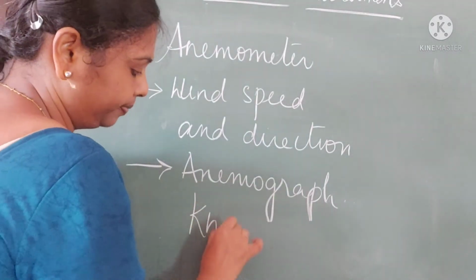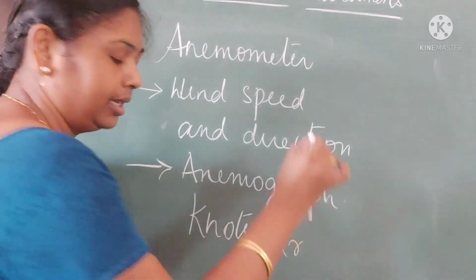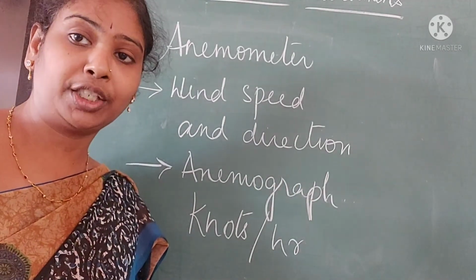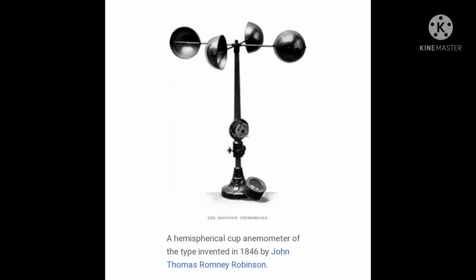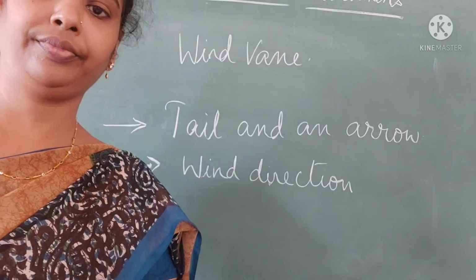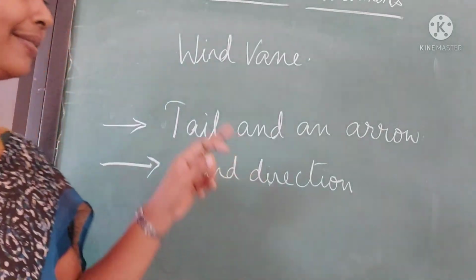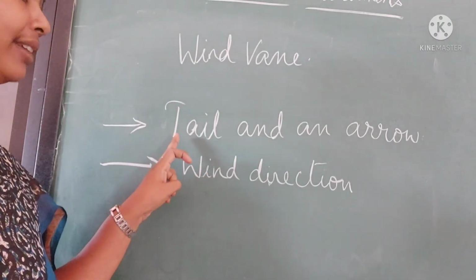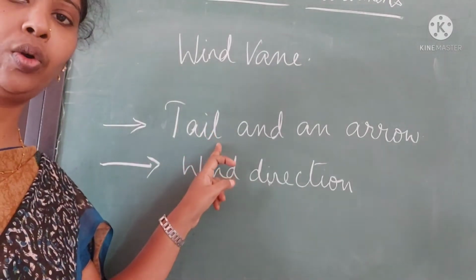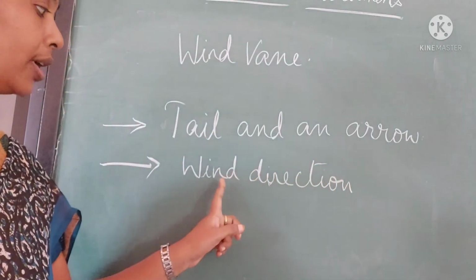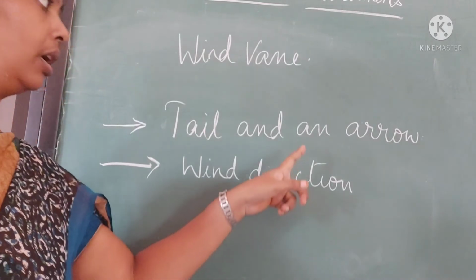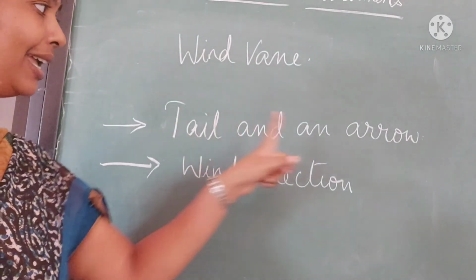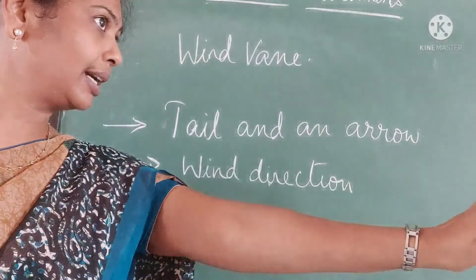Next is the wind vane, which shows only the wind direction. Here in the wind vane we have a tail and an arrow. The arrow always points to the wind direction. The broad end is known as the tail and the sharp end is known as the arrow.